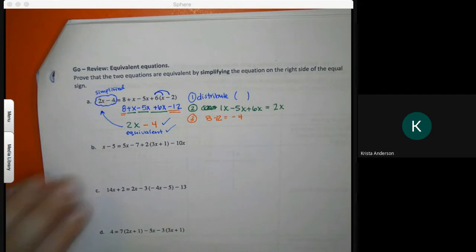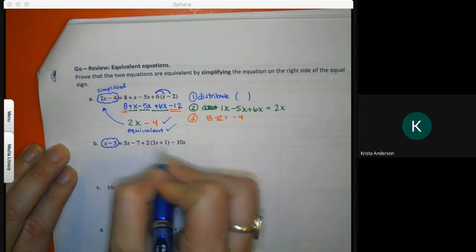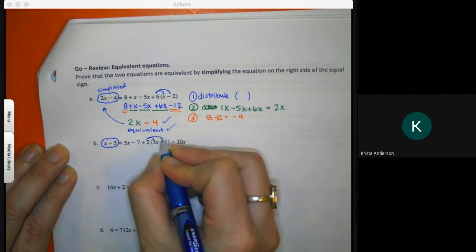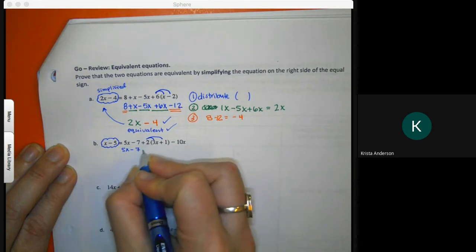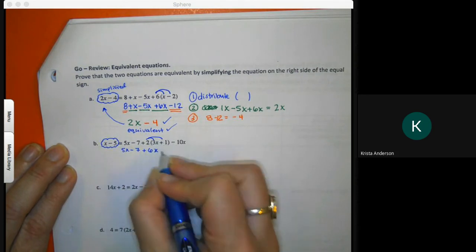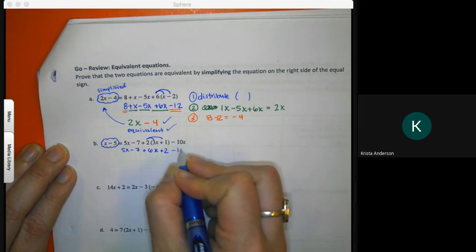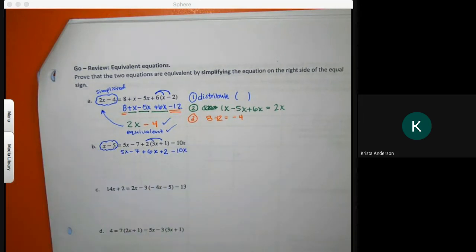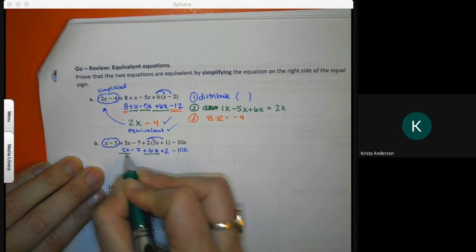All right, let's try B. Here's my original. I'm going to simplify the right side by distributing that 2 in. 2 times 3 is 6. 2 times 1 is 2. And this is just hanging out at the end. I then combine my x's. There's 5 here, 6. What's 5 plus 6?